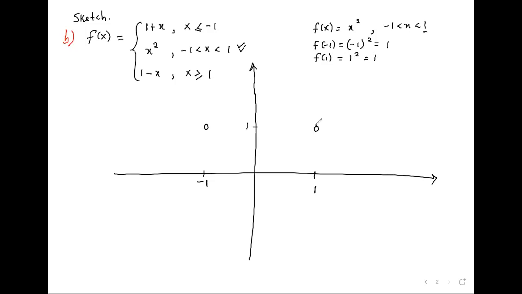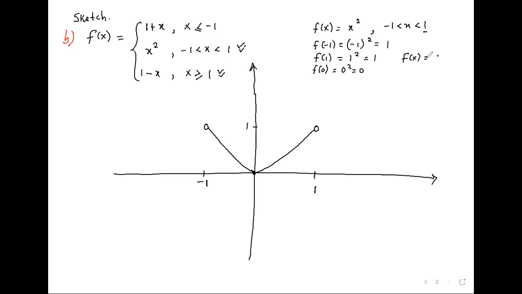Then 0 lies in this interval, f of 0, 0 squared, which is 0. So it will touch here. And then we put the sketch. Like this.